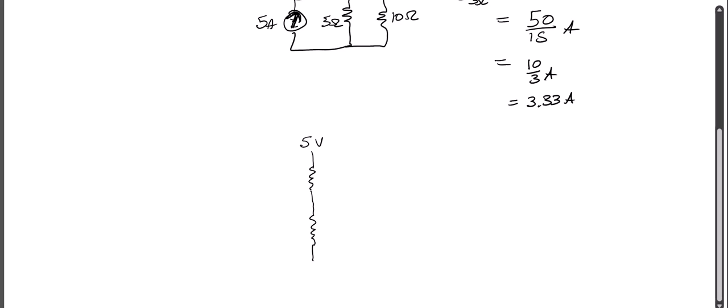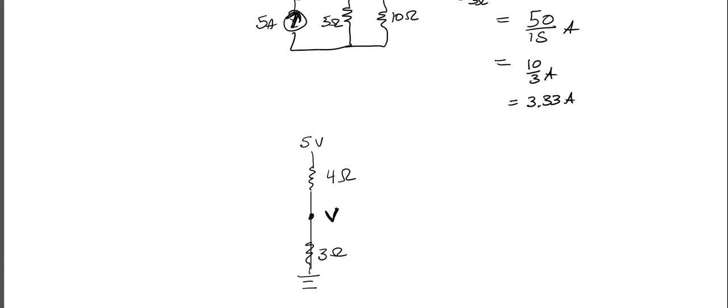and you use this a lot in electronics. If I want to find out what the voltage is right here, or another way of looking at it is the voltage across the 3 ohm resistor.